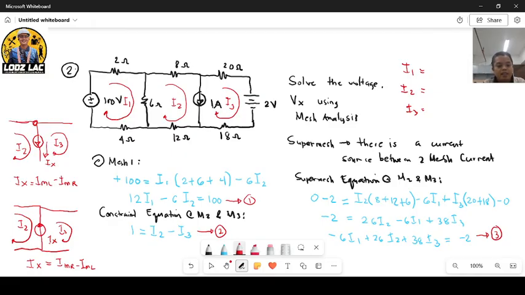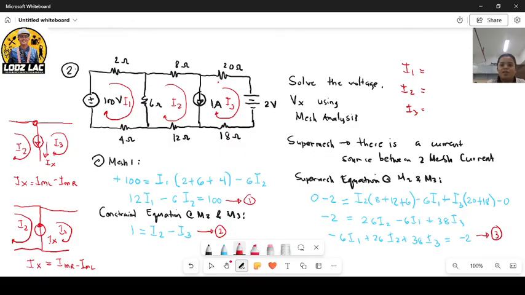Balik ha. 6, 26, 38, and then negative 2. Check ko muna ha. Bago ko i-finalize dyan. Right. 12, negative 6, 0, 100. 0, 1, negative 1, 1. Tapos negative 6, 26, 38, and negative 2.